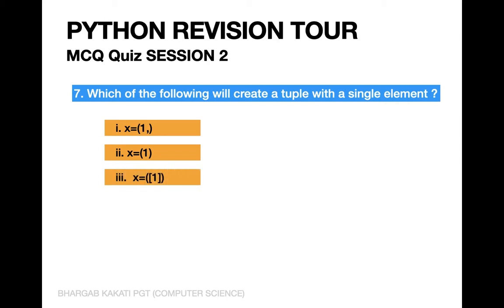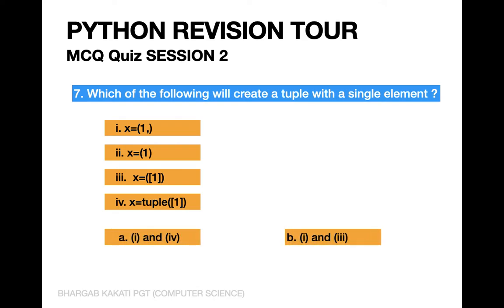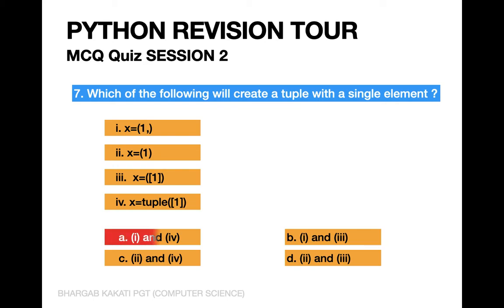Number 3, x equals to 1, as per the option given on the screen. Option 4 is x equals to tuple 1. And the options are number A 1 and 4, number B 1 and 3, number C 2 and 4, and number D 2 and 3. And the correct option is option A, 1 and 4.